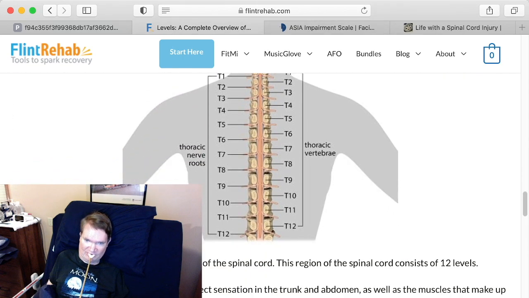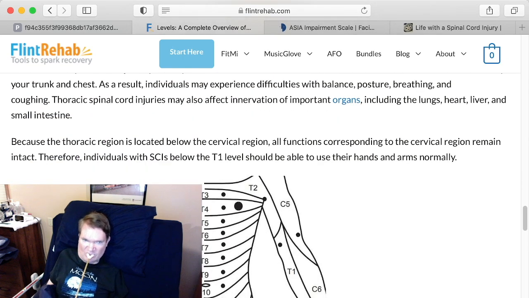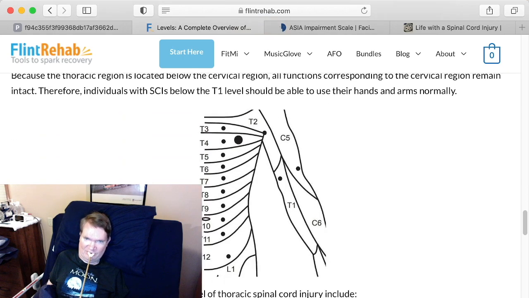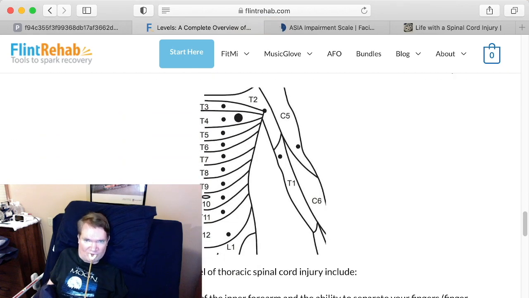So these are thoracic ones. And you can see this little diagram here of the thoracic levels and what they affect. So T1 and 2 injuries affect these vessels in the arm, as well as C5 and 6 affect these as well.